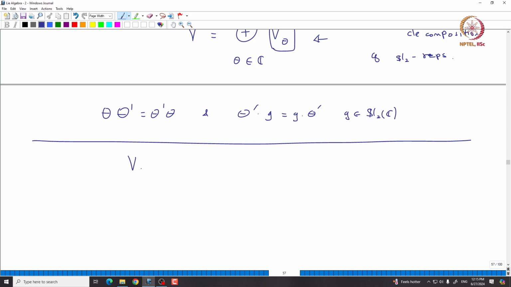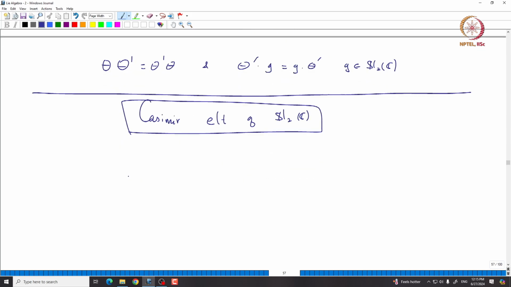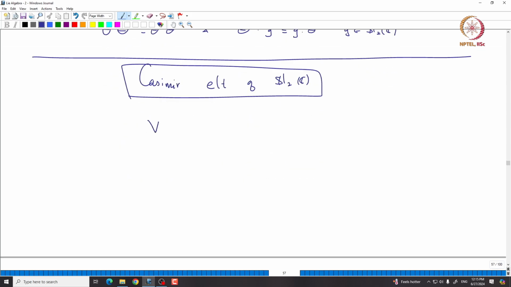Okay. So, what is the Casimir element? Casimir element of SL2C. So, note that V is, let us say, a finite dimensional representation of SL2C. So, let us call this phi, which is the map from SL2C to GL of V. Again, I am identifying the action, everything, in terms of this.